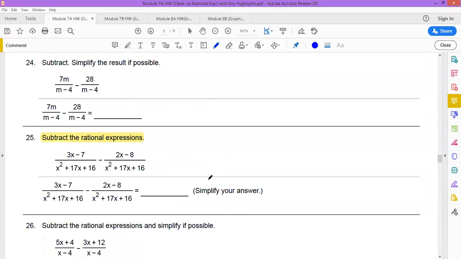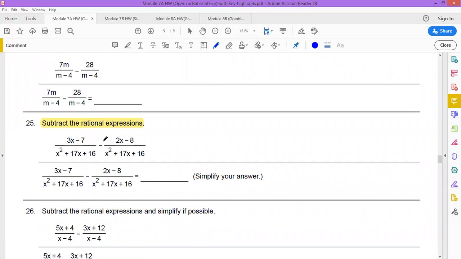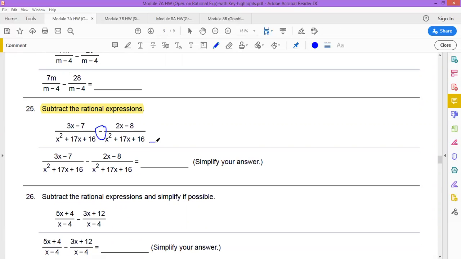Let's look at number 25. So this time we're subtracting, but let's look closely at our denominators. Our denominators are the same. So we'll keep the denominator, x squared plus 17x plus 16. And this time in the numerator, we're subtracting.